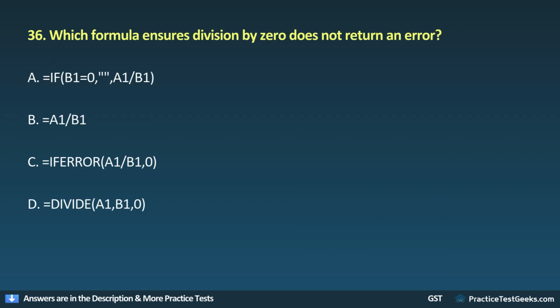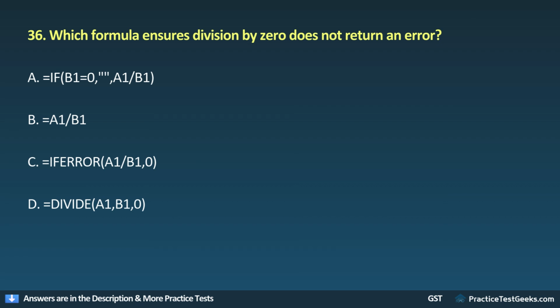36. Which formula ensures division by zero does not return an error? A. =IF(B1=0, A1/B1). B. =A1/B1. C. =IFERROR(A1/B1, 0).